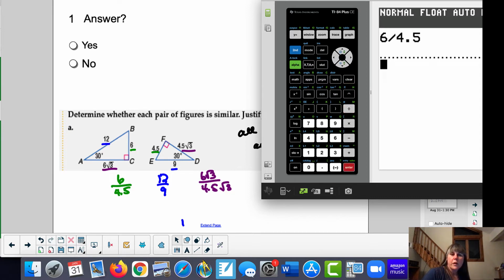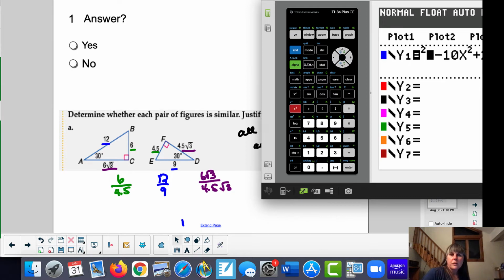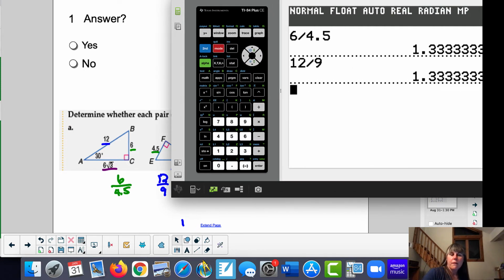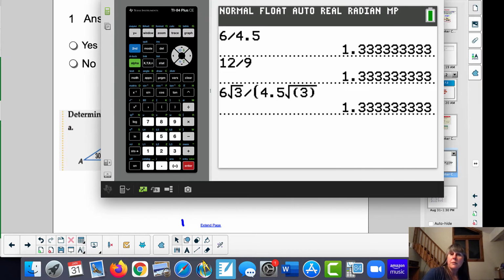I'm going to do 12 divided by 9 and 6 square root 3 divided by, and I need to put this in parentheses so that it's dividing by both of these, 4.5 square root 3. And then I can see each time I got the same decimal. So that shows me they're equivalent fractions.